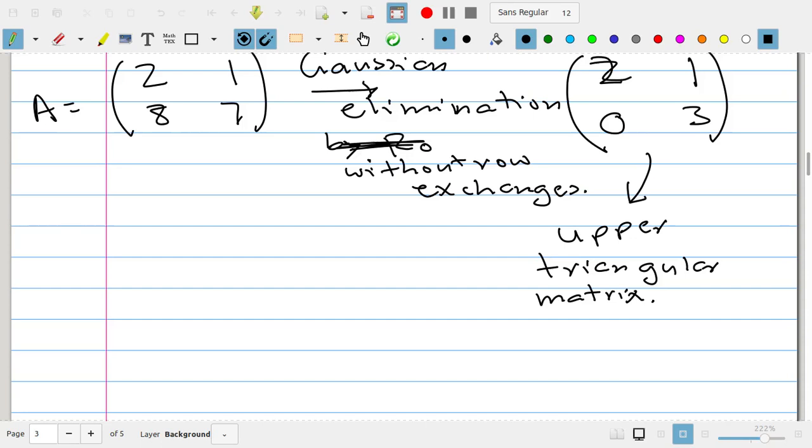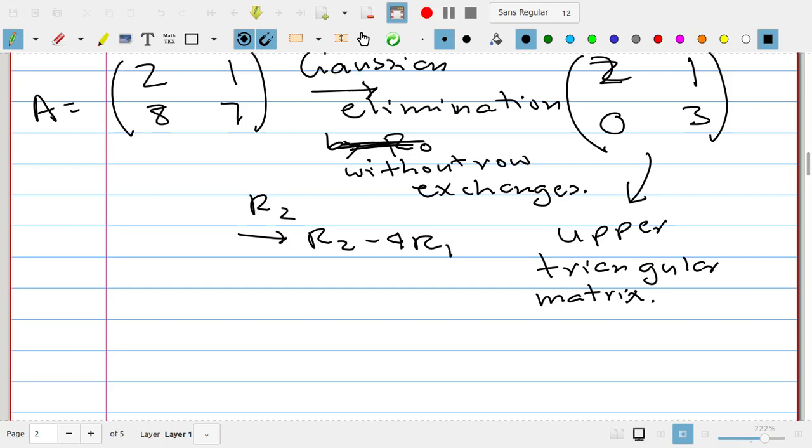What was the row operation? R2 goes to R2 minus 4R1, right? With that row operation, we brought A to U. Now, what is the elementary matrix that corresponds to that row operation?